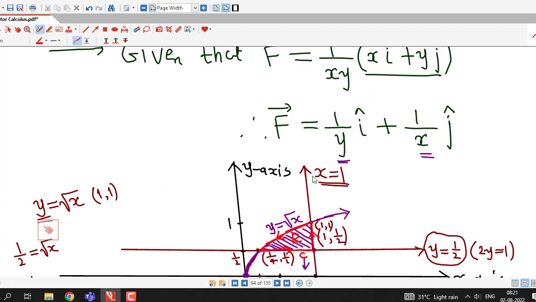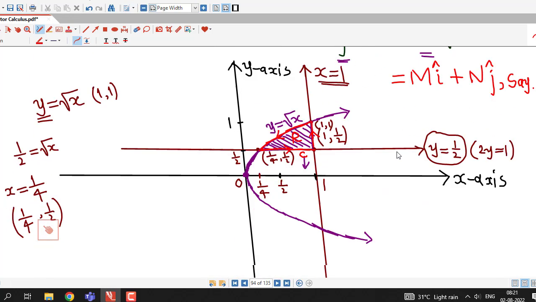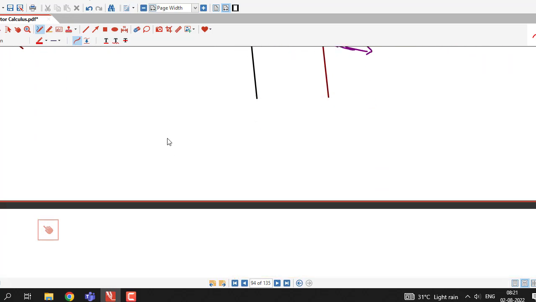Now we compare our vector field f bar with M i plus N j. Suppose this is equal to M i plus N j, then we find that M is 1 by y and N is 1 by x.